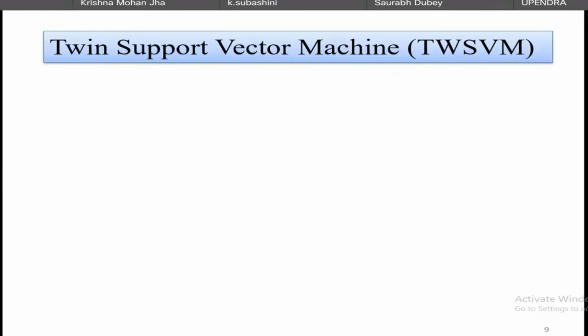How you can justify the 4 times is theoretically proven if you find the papers of this particular work. They have already given the proof of why this thin support vector machine will take 4 times less time in comparison to the support vector machine.